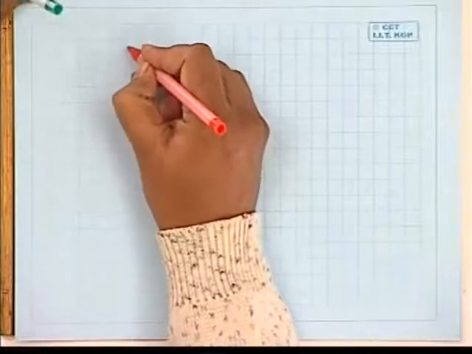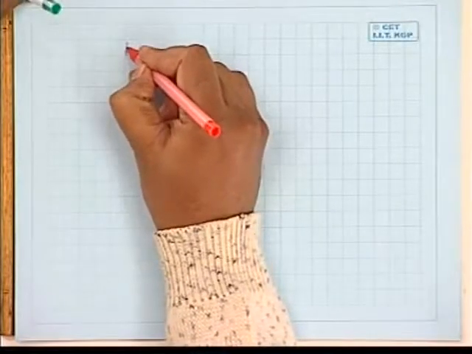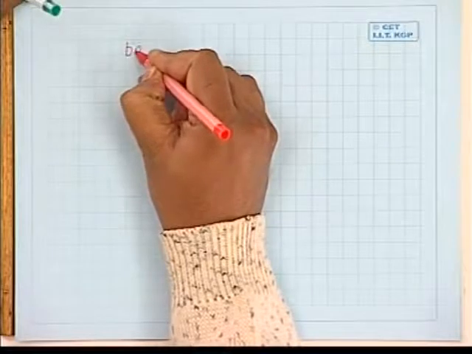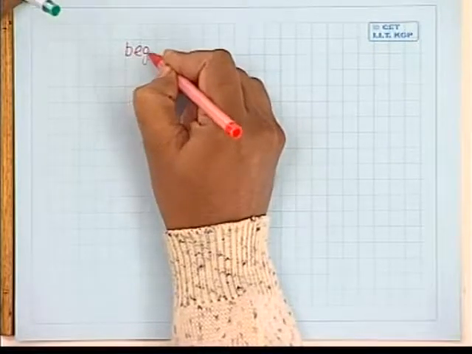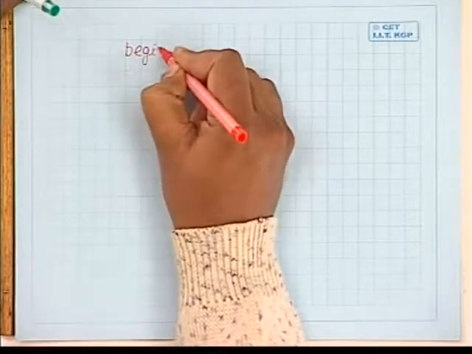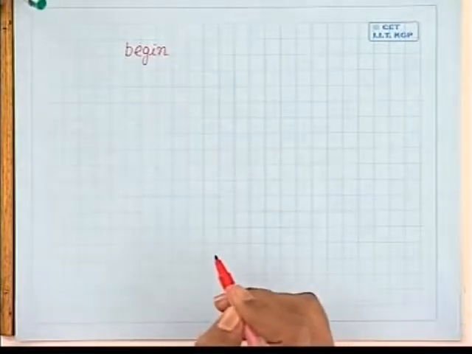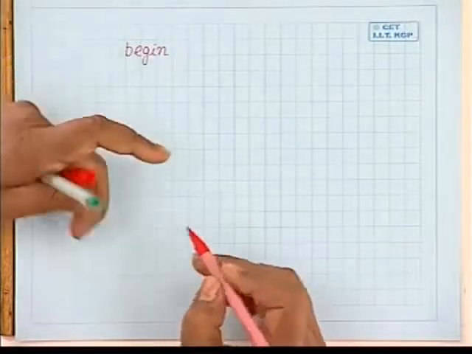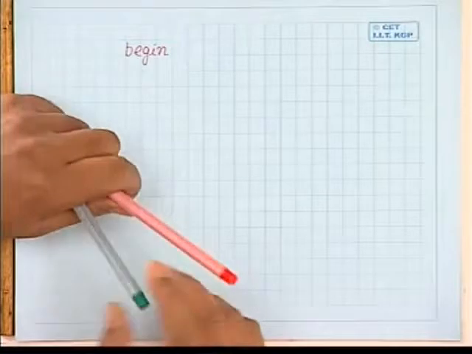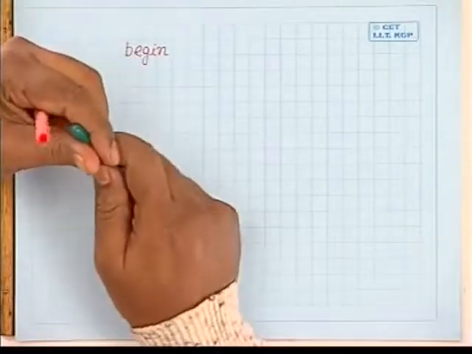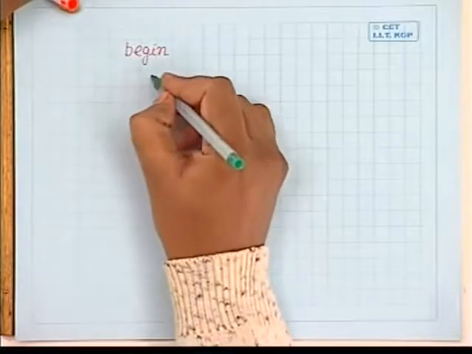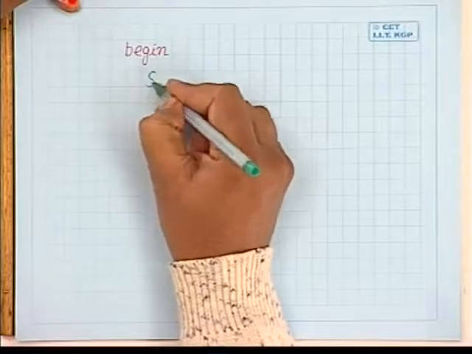I will put them under a begin-end construct. Let us use a Pascal-like language. So first we have a begin, and following begin, the first statement to be executed is S1.